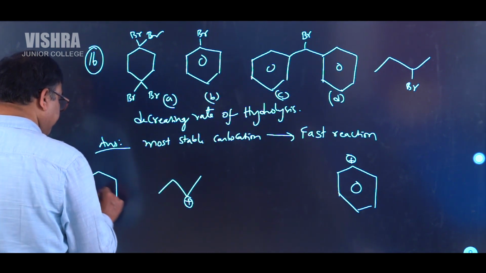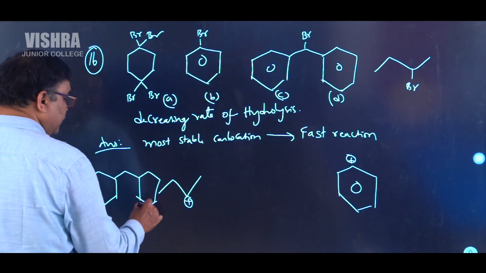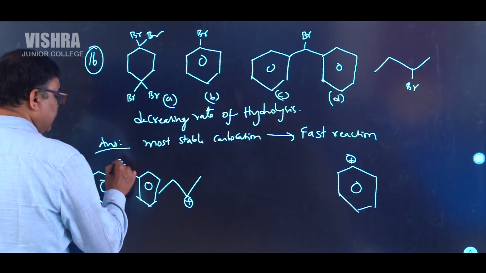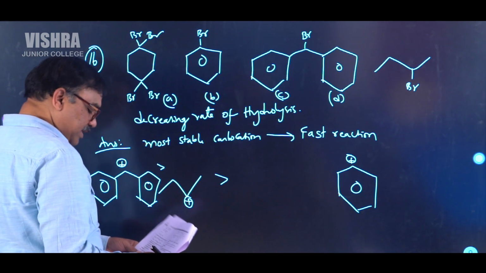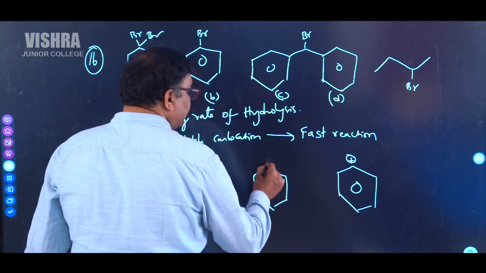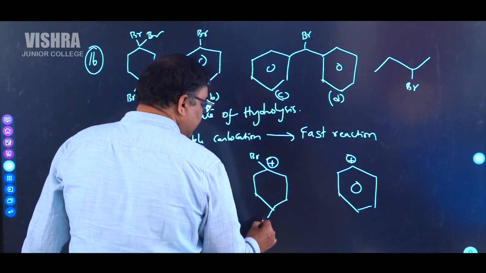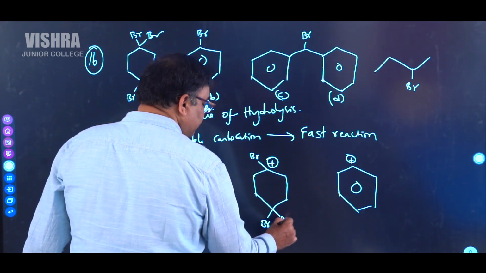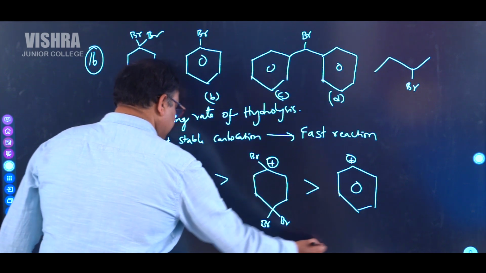So, this one is more stable than this one is more stable than this compound. One Br is broken here. So here Br is still there, plus sign is there. Here two Brs are there, Br1 and another Br. So then this one.